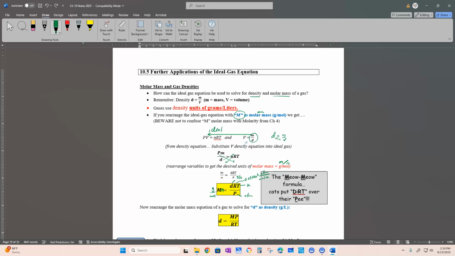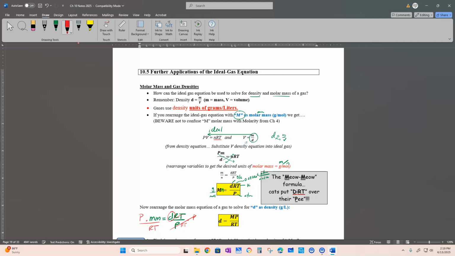I can rearrange this equation and solve for density. So let me show you. Molar mass is dRT over P. Well, if I only want density out by itself, multiply each side by pressure. Pressure's gone. Divide each side by RT. Don't memorize two.